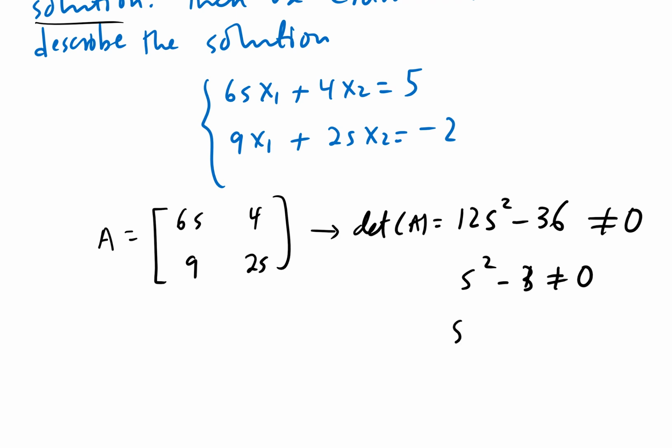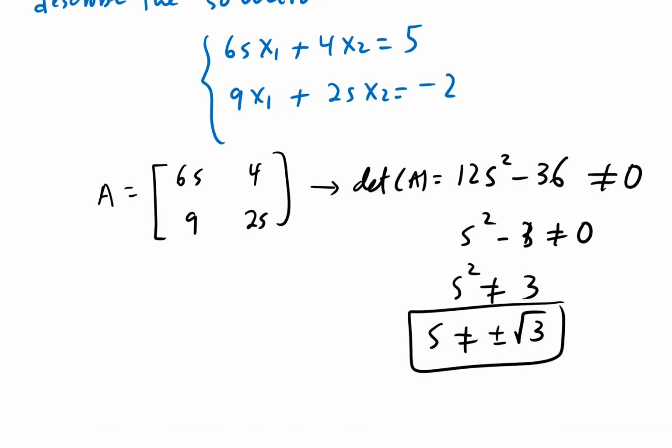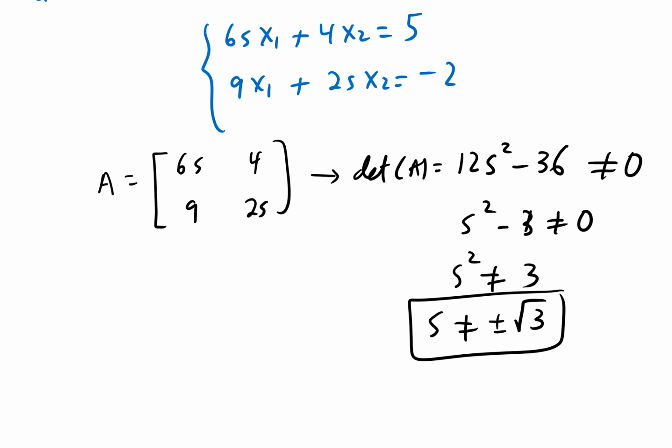So s squared cannot be 3, so s cannot be plus or minus the square root of 3. s can take any real number value except square root of 3 and negative square root of 3. You can't use these two values.